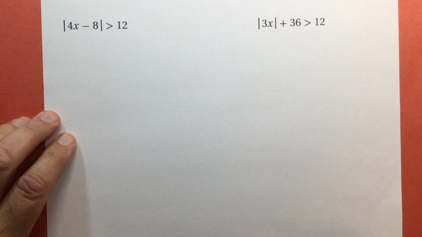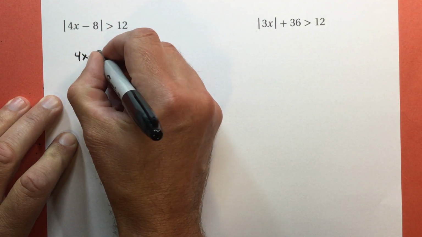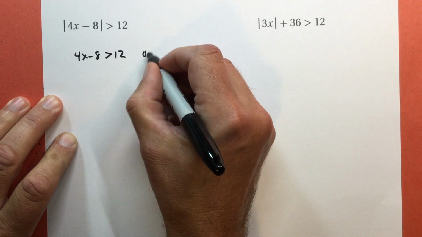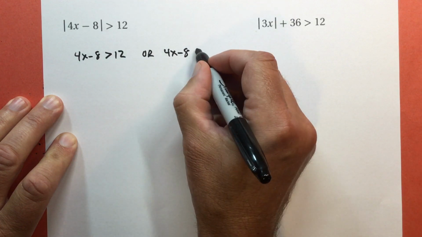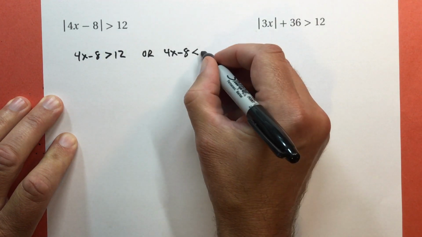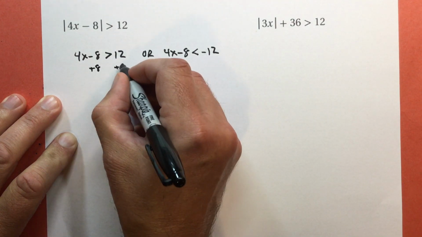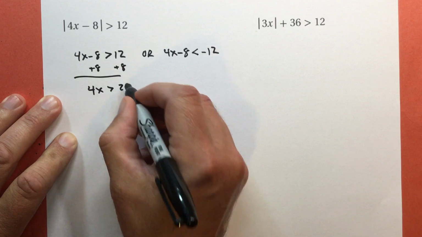All right, this one's already isolated, so I'm going to do 4x minus 8 is greater than 12. Or 4x minus 8, change the sign to less than, change 12 to negative 12. Add 8 to both sides, I get 4x is greater than 20.